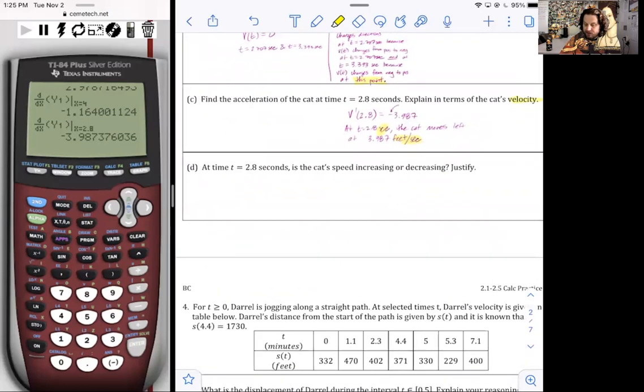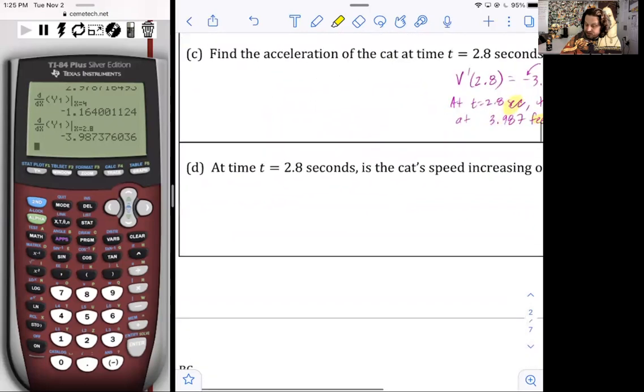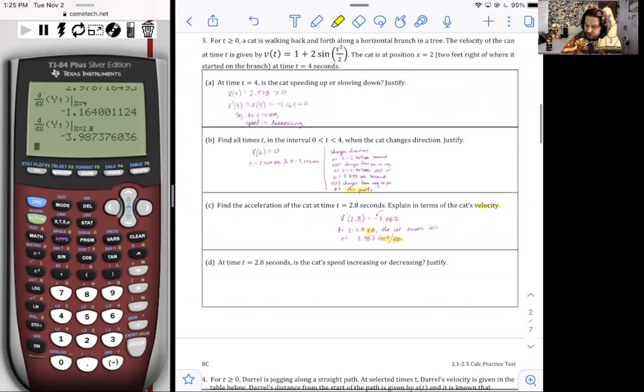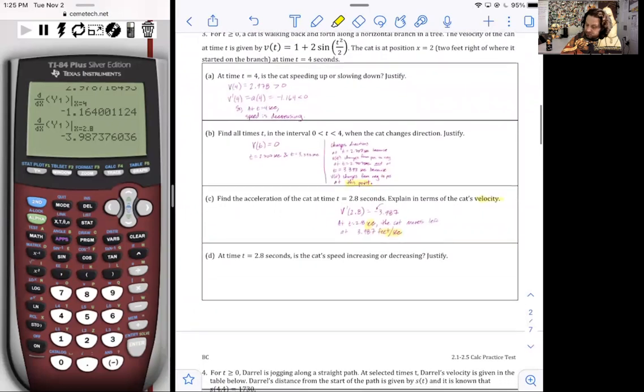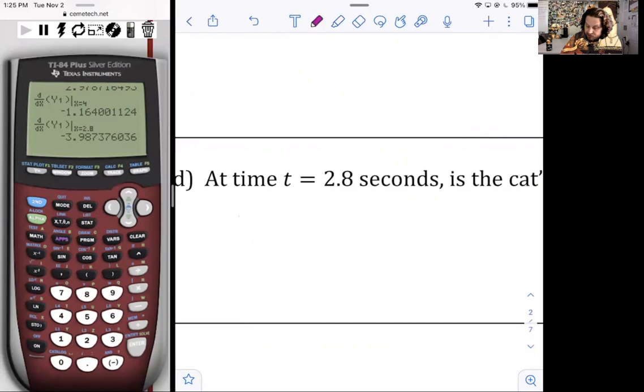And then the last one we'll do for this section, at t equals 2.8, is the cat's speed increasing or decreasing? Well, that's kind of the same idea, right? Really the same idea. Let's just go do it again. V of 2.8 and then v prime of 2.8. So the velocity is in y1, so alpha trace number 1 of 2.8.